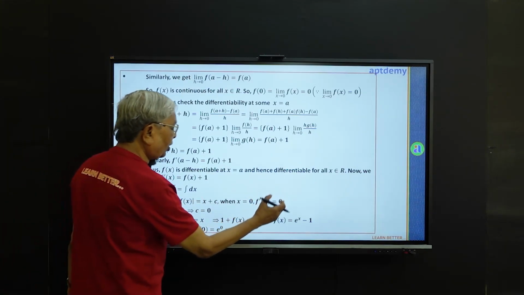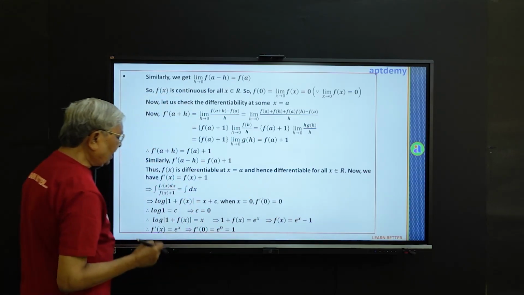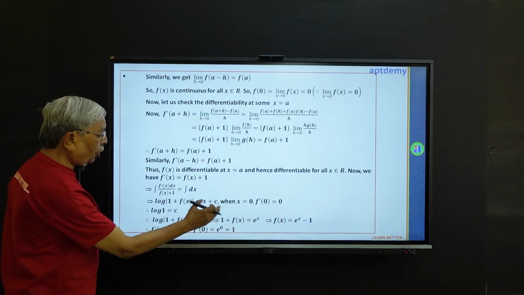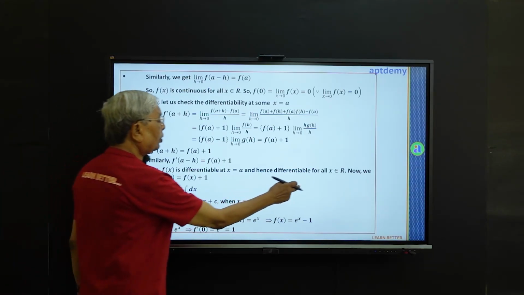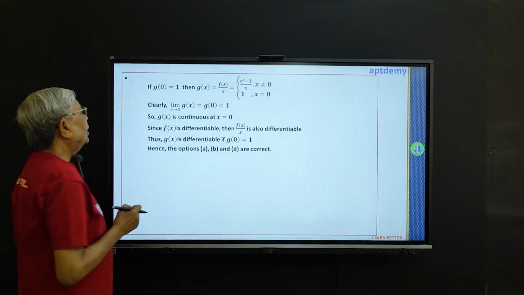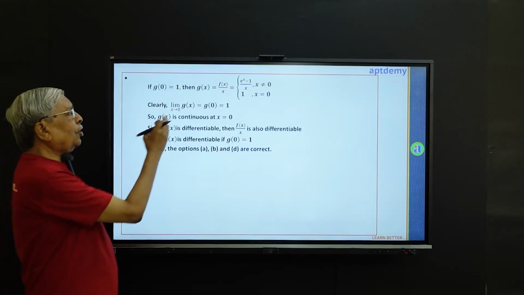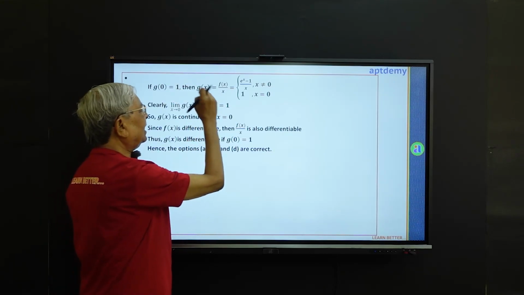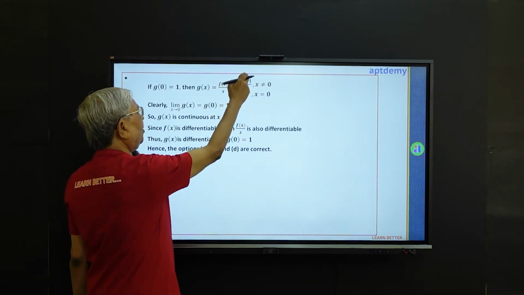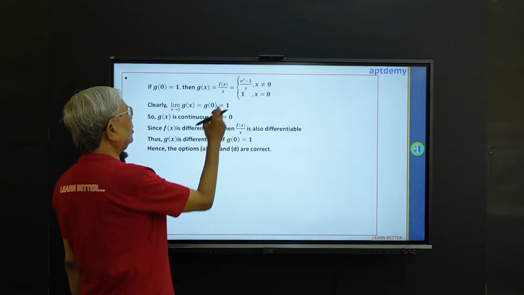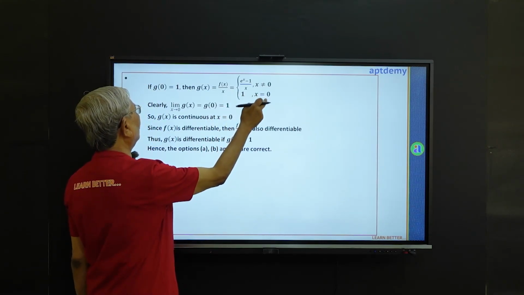Then you differentiate both sides with respect to x. So f'(x) is equal to e to the power x. So we can write f'(0) equal to e to the power 0 equals 1. So if f'(0) equals 1, then what is our g(x)? g(x) is equal to f(x) by x, that is (e to the power x minus 1) by x when x not equal to 0, and this is equal to 1 when x equal to 0.